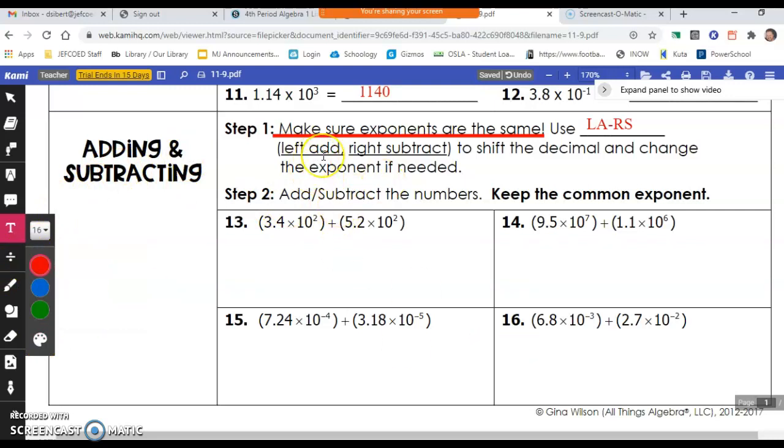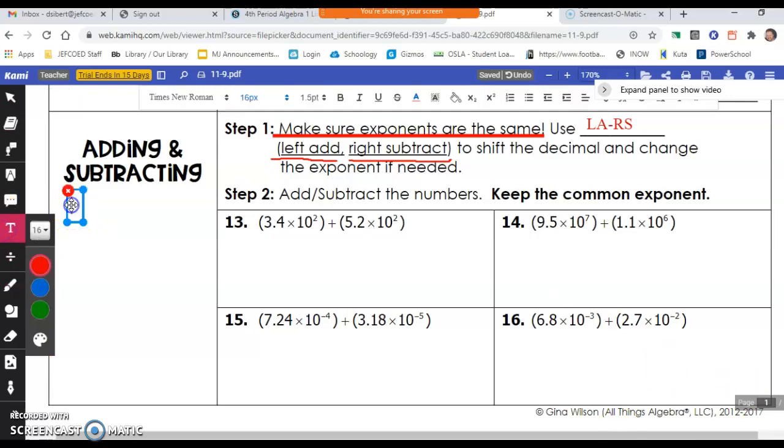When you hear left add, anytime that you add to your exponent, that decimal is going to be moved to the left. If you subtract from your exponent and make it less, you move your decimal to the right. That's just to get our exponents equal so we can combine our like terms. So don't get way confused.